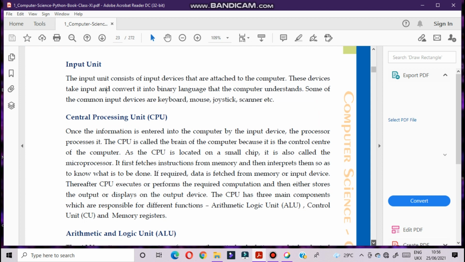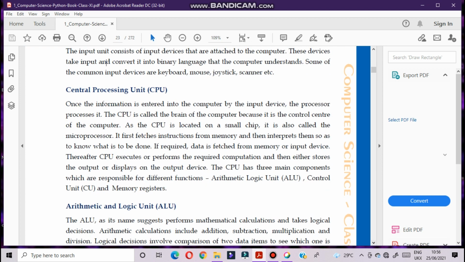Now we will move on to the central processing unit. Once the data is entered by the user into the computer using input devices, the processor processes it.